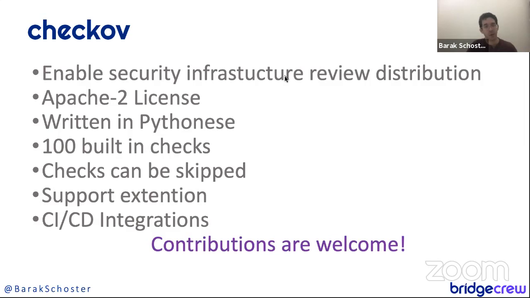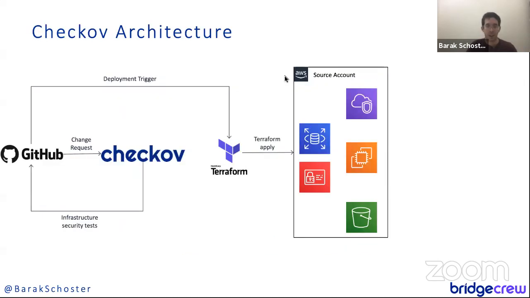So how would you use a static analyzer like Checkov? You will trigger an event from a change request, a pull request that contains a code change. On every resource that is being added or modified in the Terraform code of the environment, you will trigger Checkov to run its infrastructure tests.